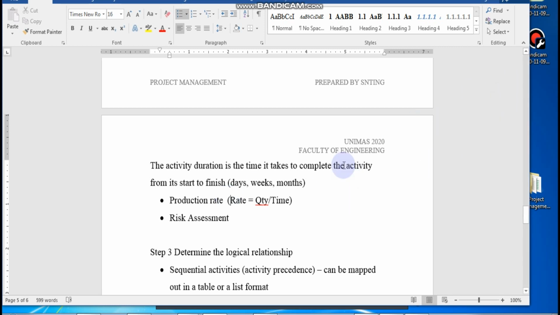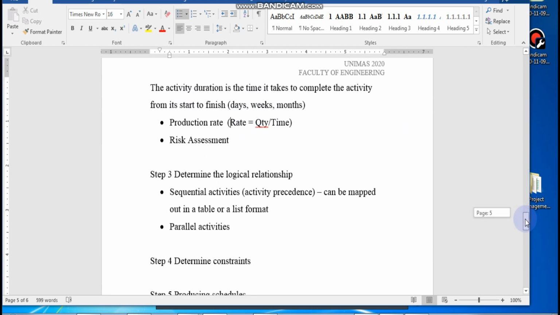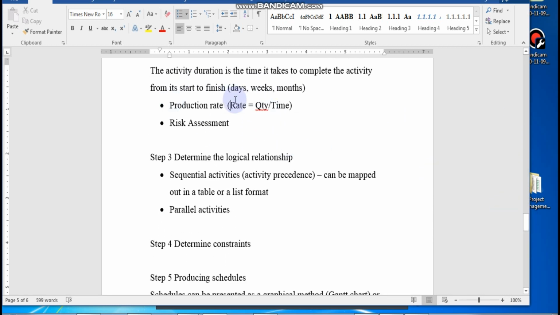Okay, so with this, you basically can draw your schedule now, isn't it? You know your time, you know your logical relationship. If let's say there are some that you cannot get that production rate, you may want to bring in another team of people, and this is where you need to redetermine the logical relationship.